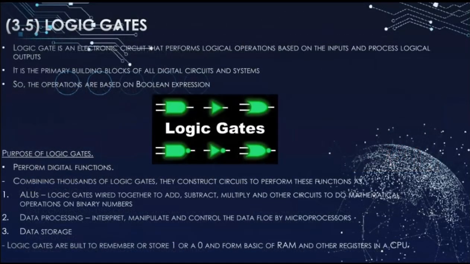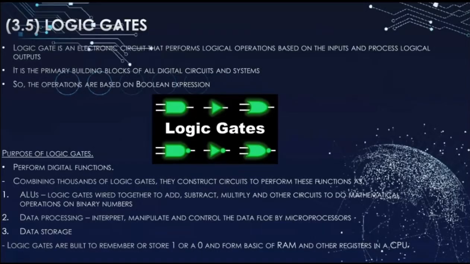Logic gates. A logic gate is an electronic circuit that performs logical operations based on the input and produces logical outputs. It is the primary building block of all digital circuits and systems. The operations are based on Boolean expressions. The purpose of a logic gate is to perform digital functions.